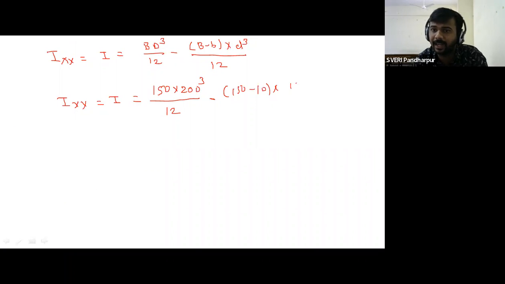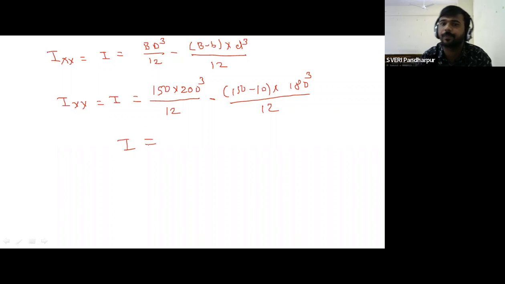So here directly I can write 180 cube divided by 12. Then tell me the value of I.